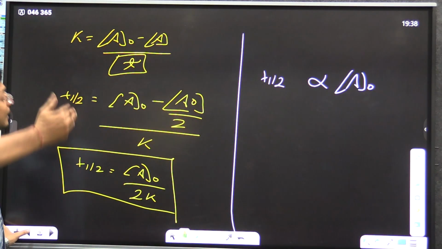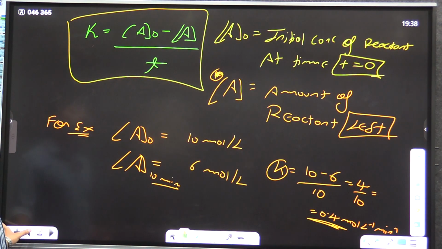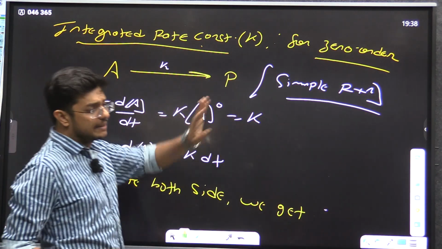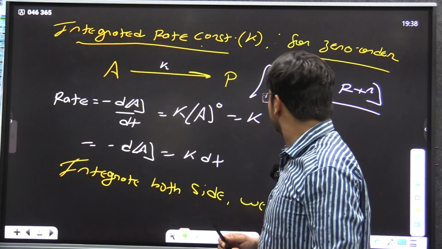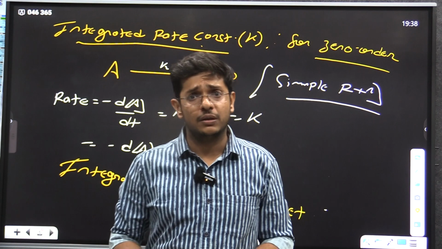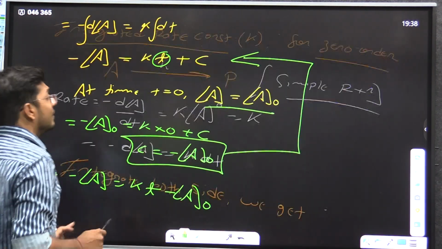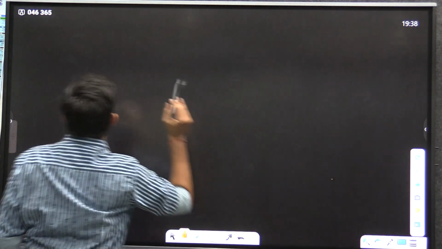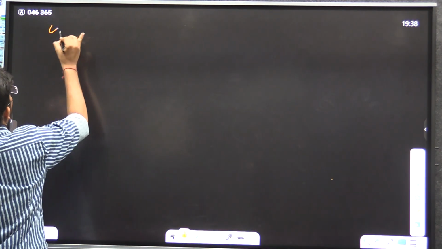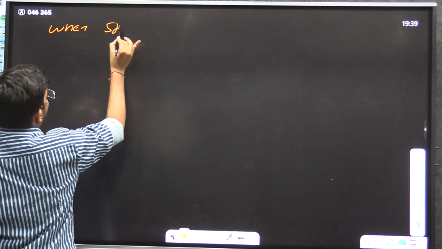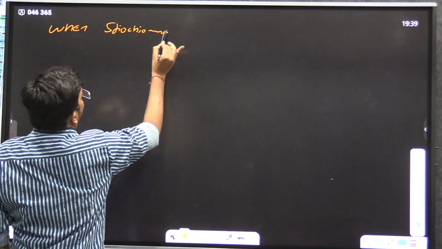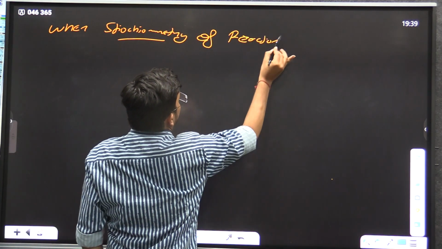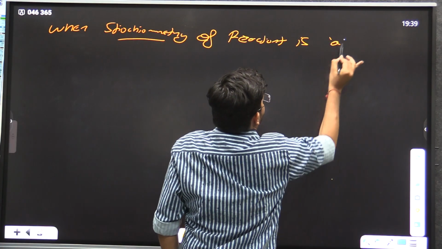Now again come back to the point where I have written that the whole data is actually for the simple reaction. So then what do you mean by the term complex reaction? Complex reaction means, when the stoichiometry of the reactant is, let's suppose, to be a.